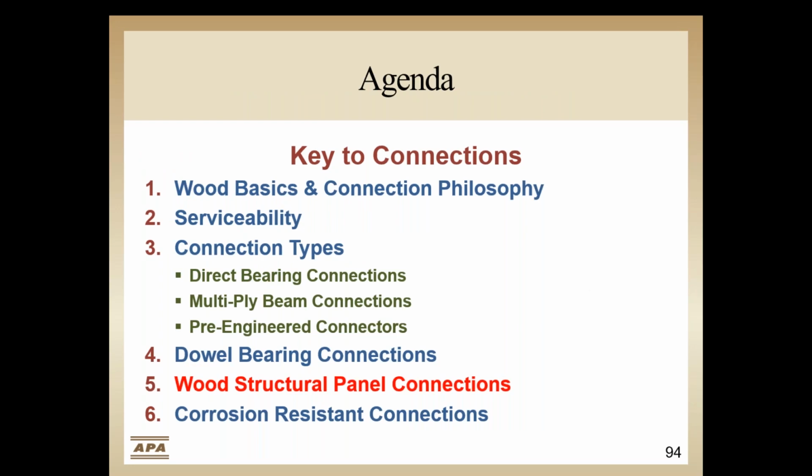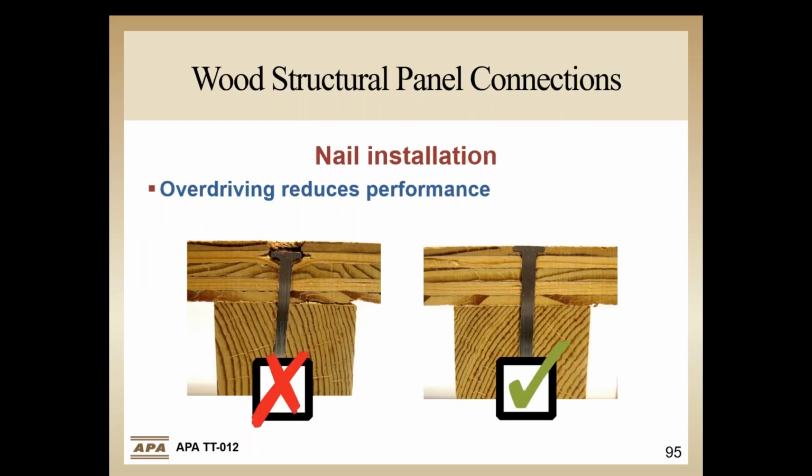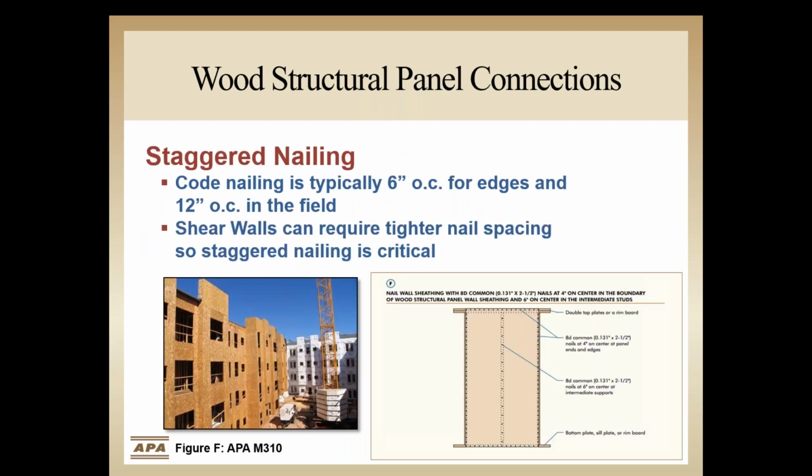Now let us review some of the detailing and considerations for wood structural panel connections. We mentioned overdriving fasteners can reduce performance and must be field checked to assure design intentions are carried through. APA technical topic, Effect of Overdriven Fasteners on Shear Capacity, TT-012, provides guidance on evaluating overdriven fasteners. With braced wall and shear wall designs becoming more important in the building codes, it is not uncommon that tighter nail spacing be specified.